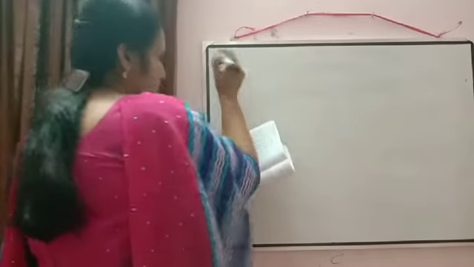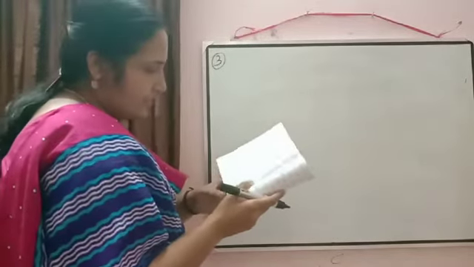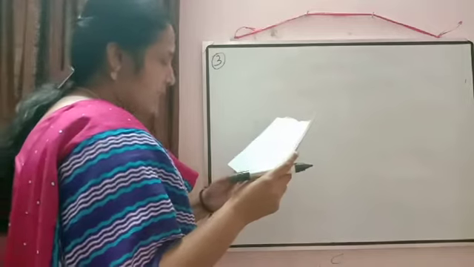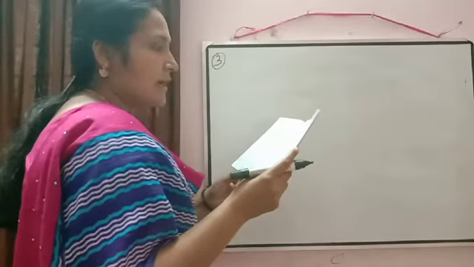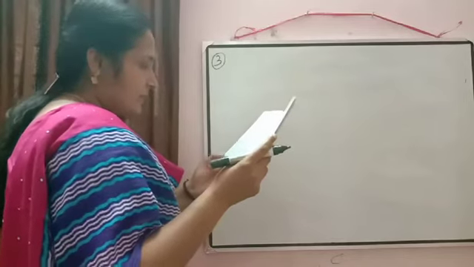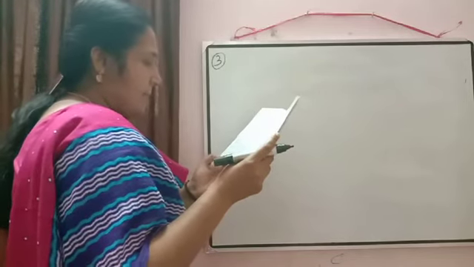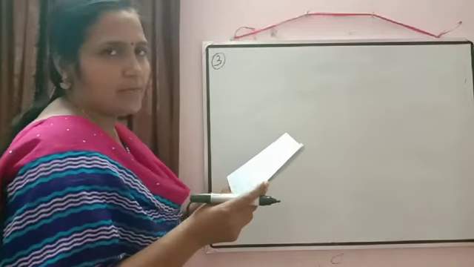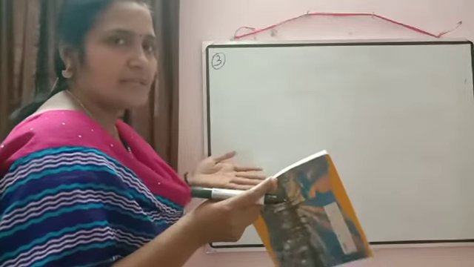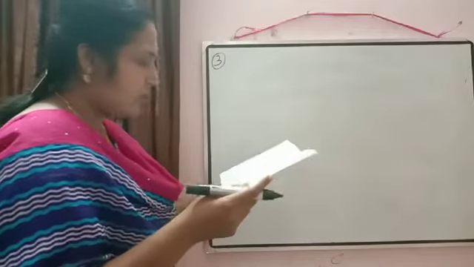In the third question it is written, the ratio of the sum of m and n terms of an AP is m square is to n square. The ratio of sum of m and n terms of the same AP, so we can take A as the first term and D as the common difference.